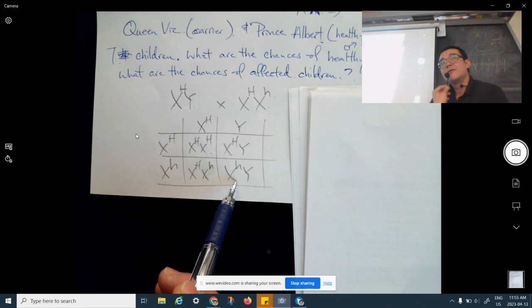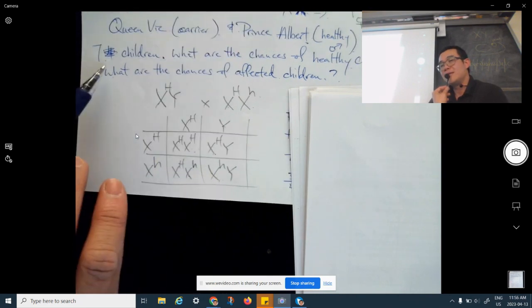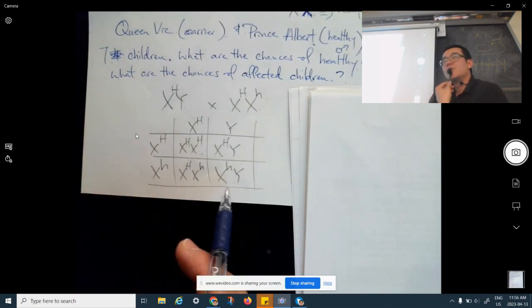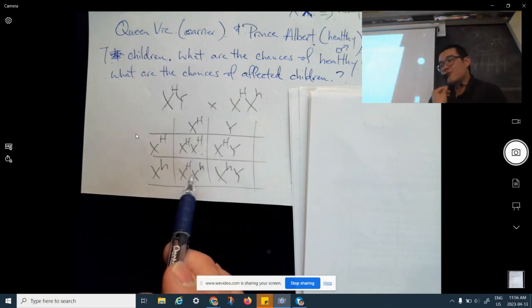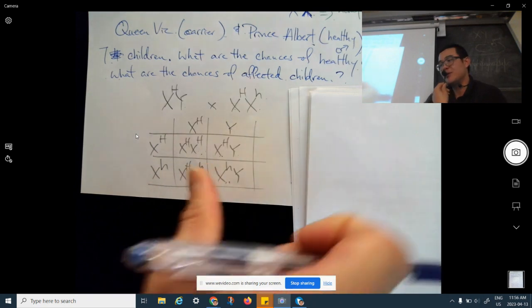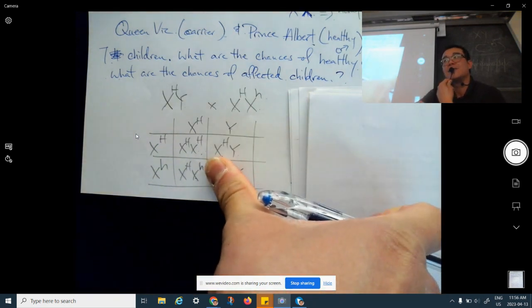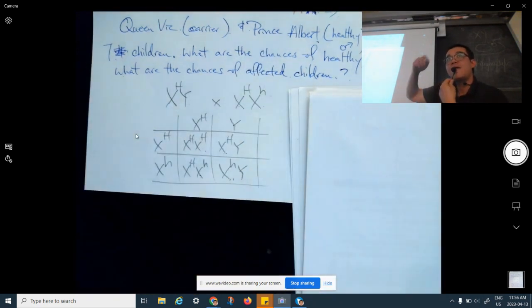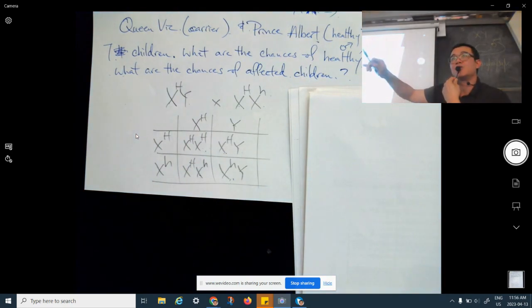Now, remember, she has 7 kids. Let's just say her first kid has hemophilia, does that mean she will never have kids that have hemophilia? No. In terms of probability, and if you take data management, hopefully you'll remember this next year.